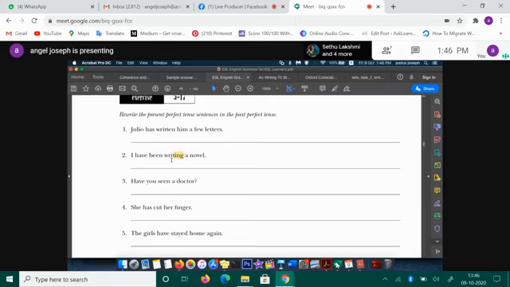Now you have to determine if it is the past or if it is in the present. How do you check that? By looking at this word again. For it to be past, the only word that can come here is had. Other than that, the other two words that you will see here are have and has.